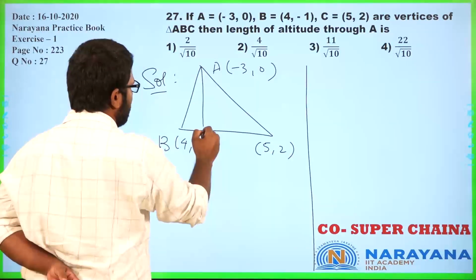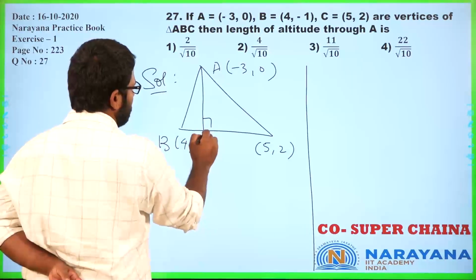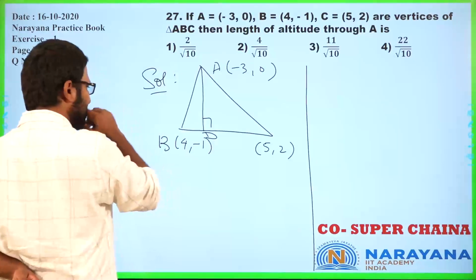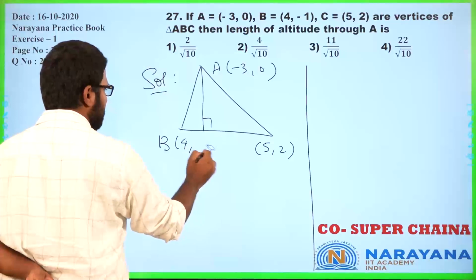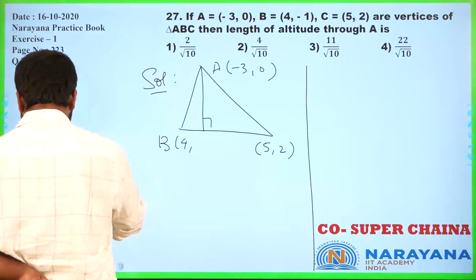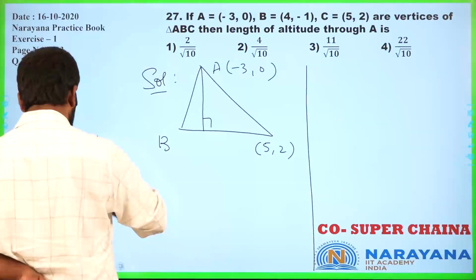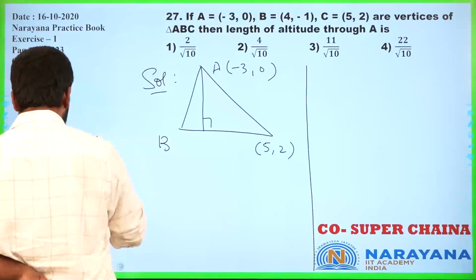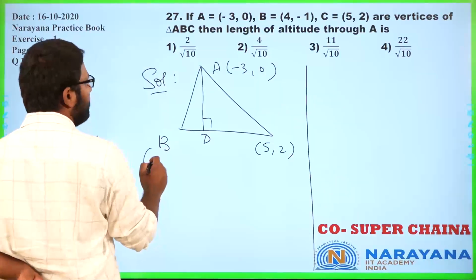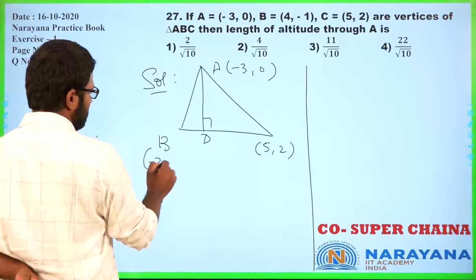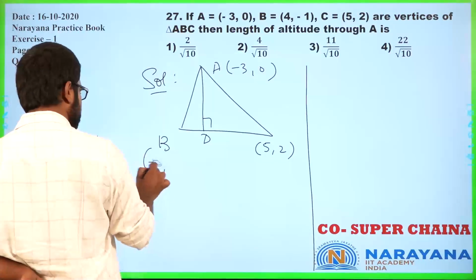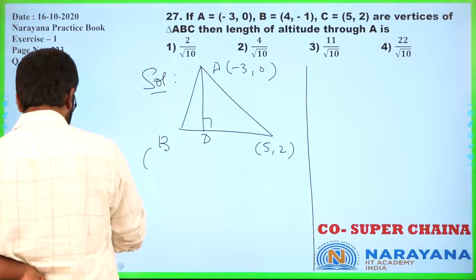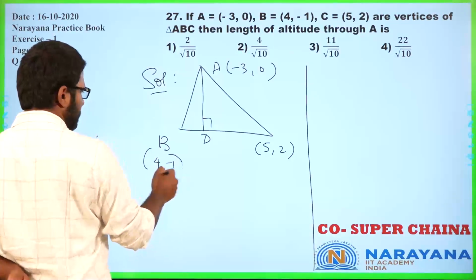Length of altitude through A. Take this point as D.